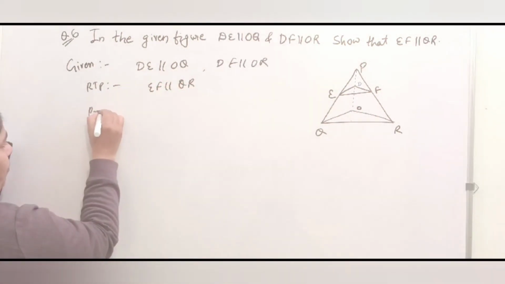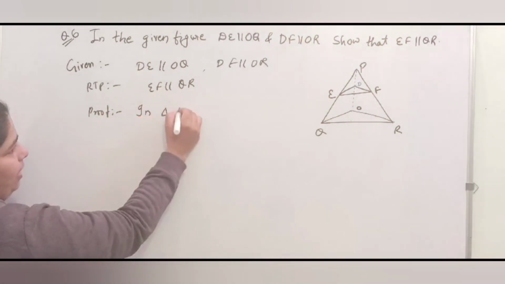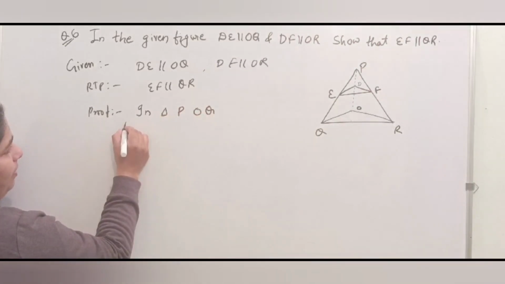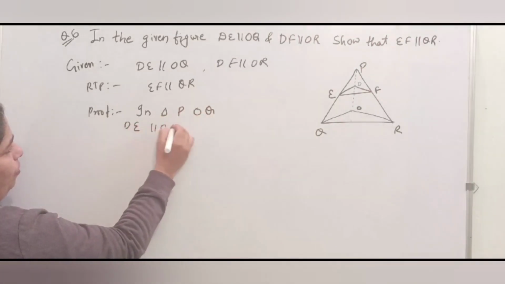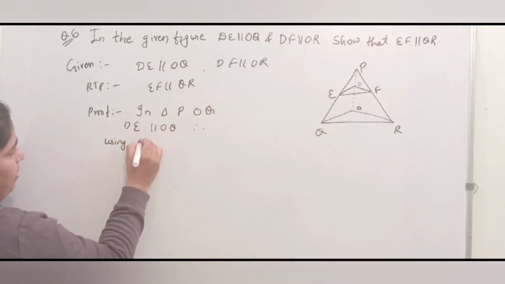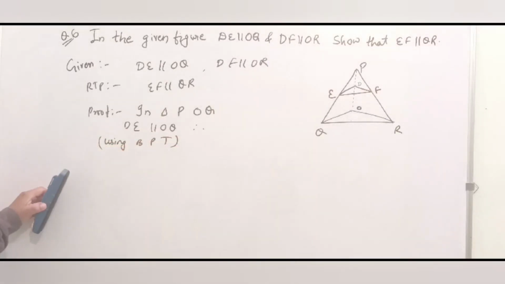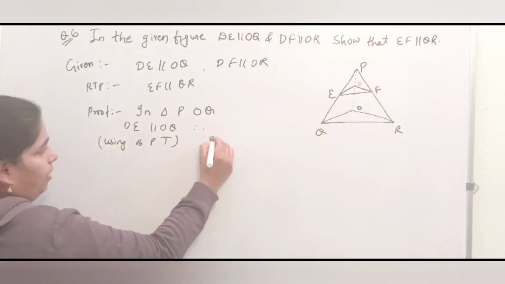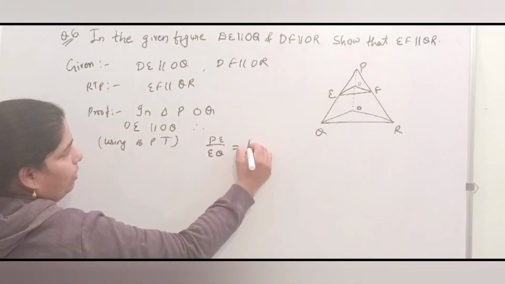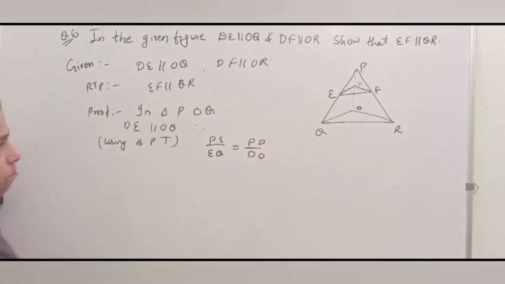Okay, let us start the proof. Let us take triangle POQ. We are given that DE is parallel to OQ. Therefore, using the basic proportionality theorem, PE by EQ is equal to PD by DO.